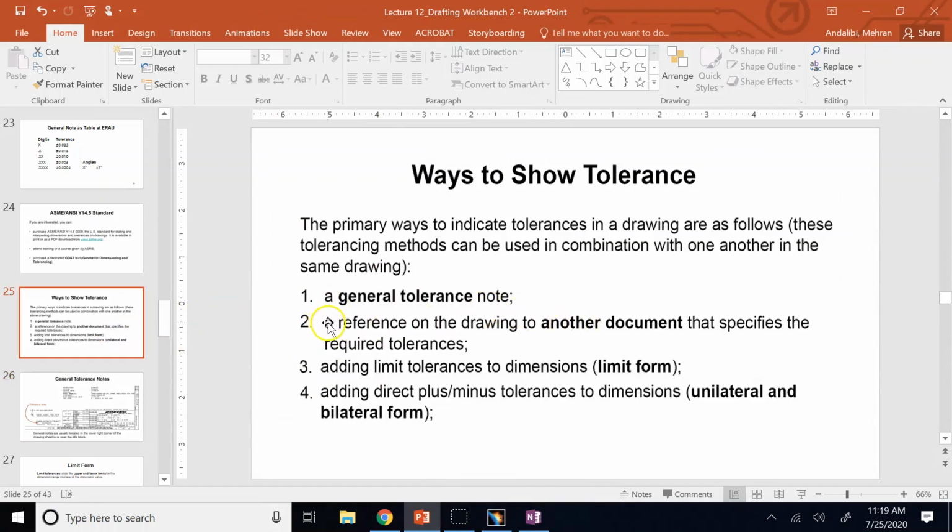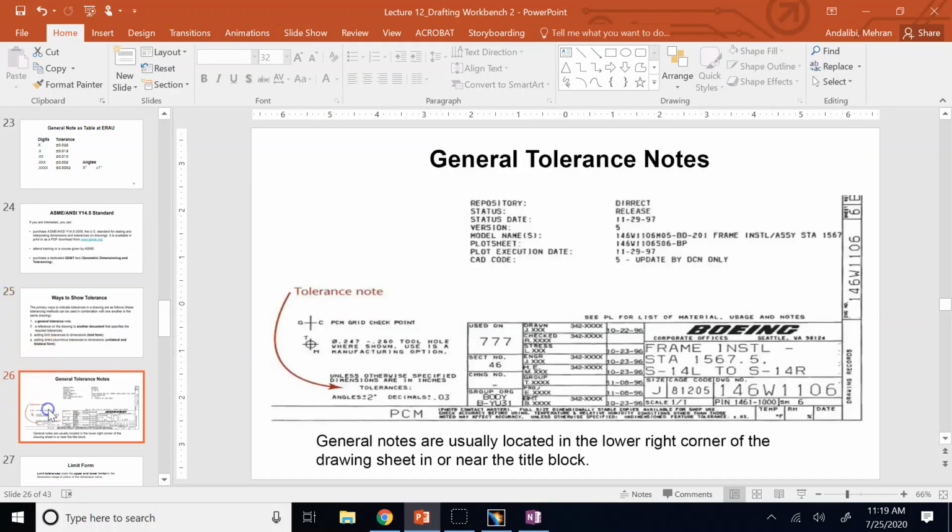You can refer to the tolerance used in another document. You say, this is an assembly, and this assembly has 10 parts. So how many draftings should I submit to the manufacturer? 11, right? One for the entire assembly, and then 10, one for each individual component.